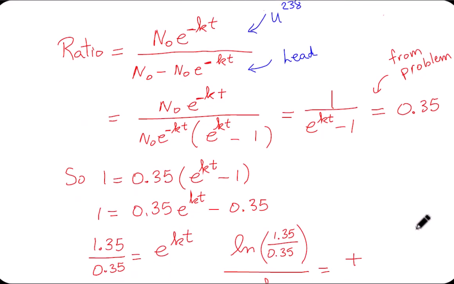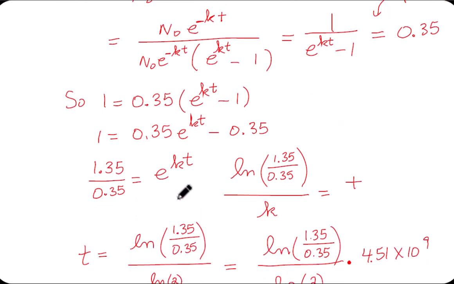All right, so plugging all that in, we can distribute, start trying to isolate e to the kt. Now I need to get my hands on time, so I'm going to take the natural log of both sides.